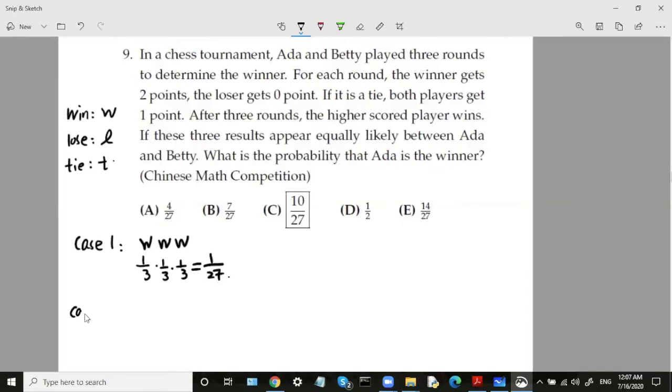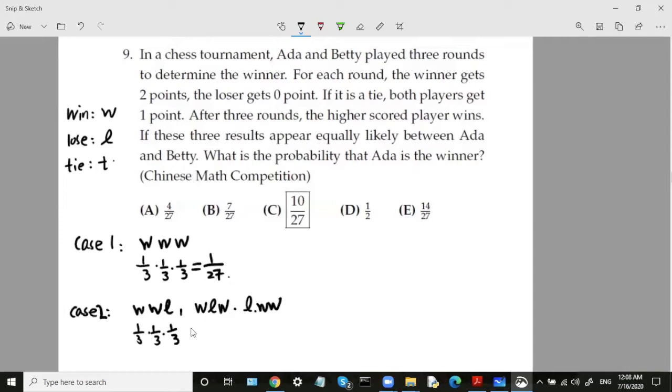So case 2, Ada could win 2 rounds and lose 1. Because you have 3 different combinations of this: win, win, lose; win, lose, win; and lose, win, win. The probability for win and lose is all 1 over 3 times 1 over 3 times 1 over 3.